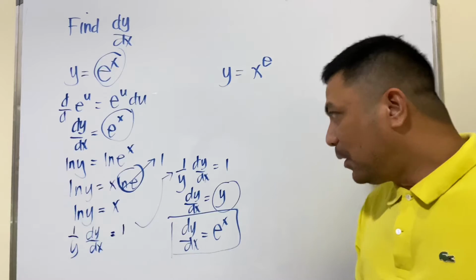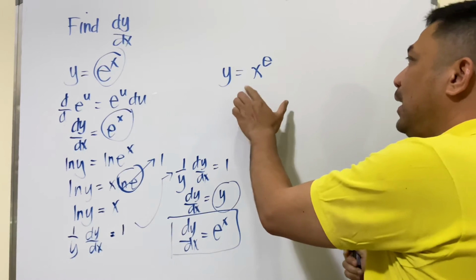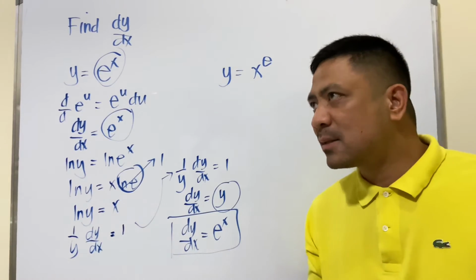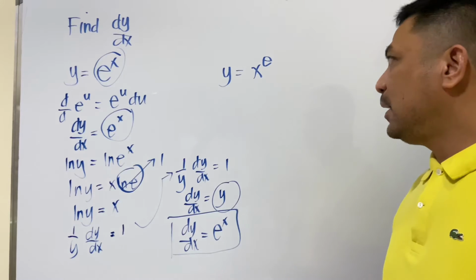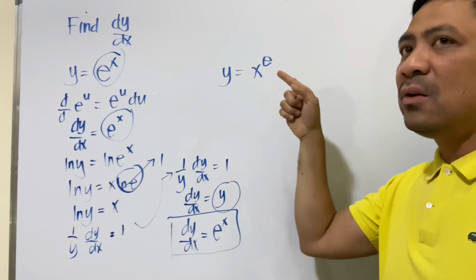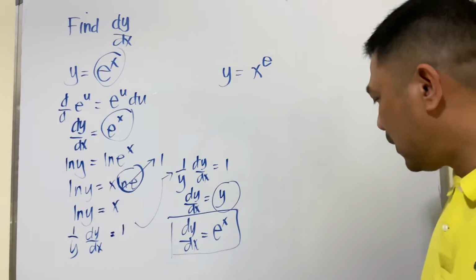What about the second function? x raised to e: here e is a constant, so you can apply the power rule.